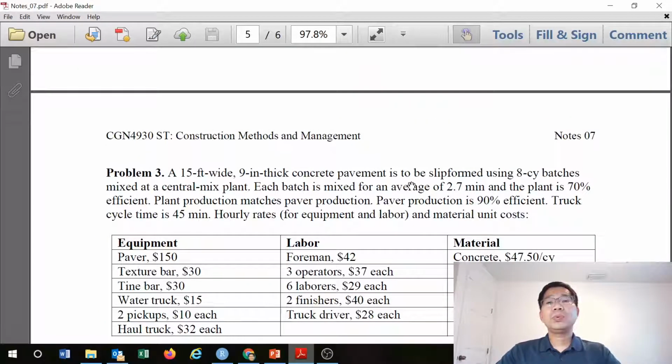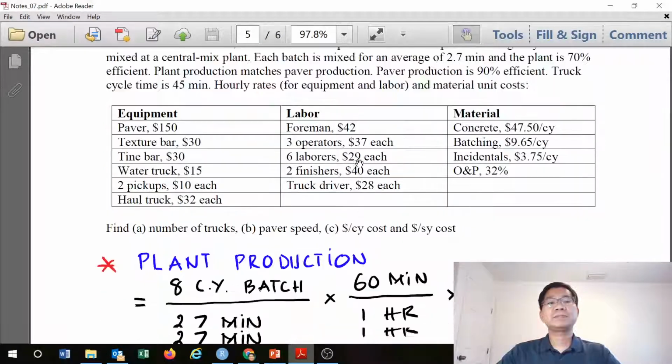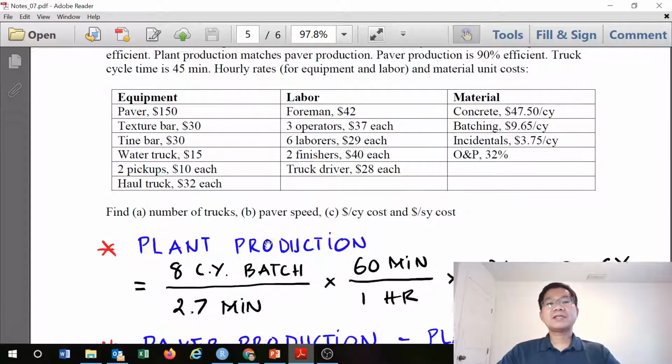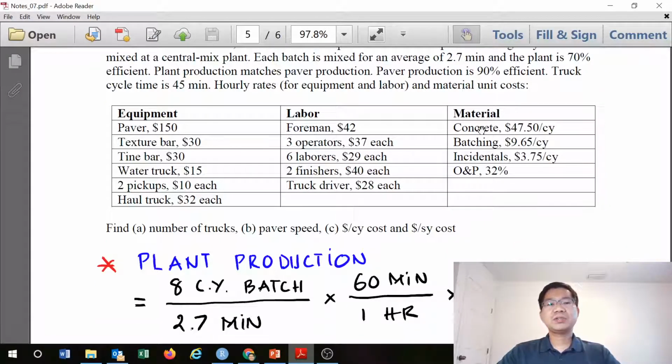Then you need to find out first the number of trucks. We need to know the paver production and truck production. First, the plant production, and for one batch they give us an 8 cubic yard batch, so that in one cycle they can produce 8 cubic yards, and each cycle is 2.7 minutes, so that we can determine how many cubic yards per minute they can produce, and then we do the unit conversion.